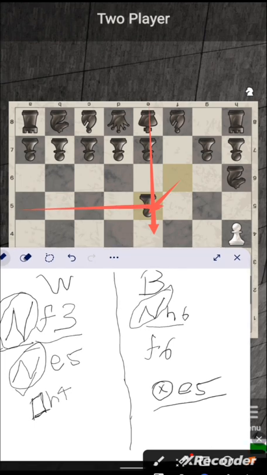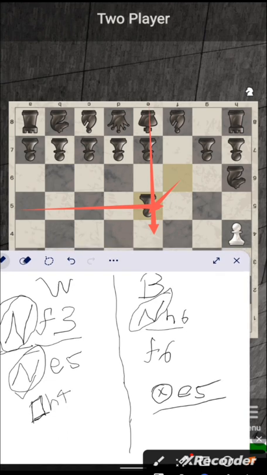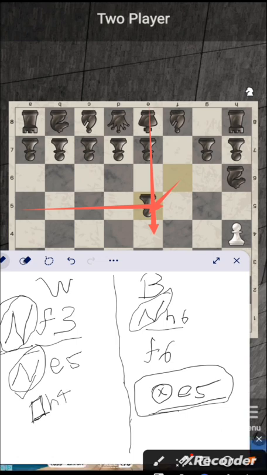As this is a pawn, we will not write any capital letter like N, R, Q, because a pawn is always represented with file and rank. So e5, and capturing is represented with small x, so we will write this.